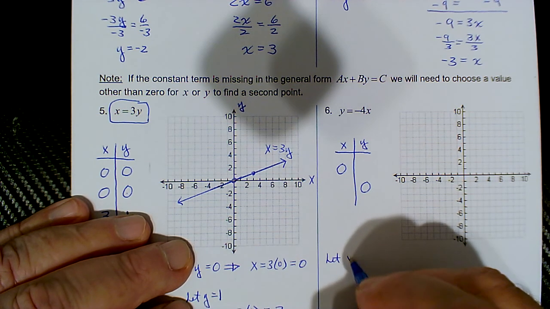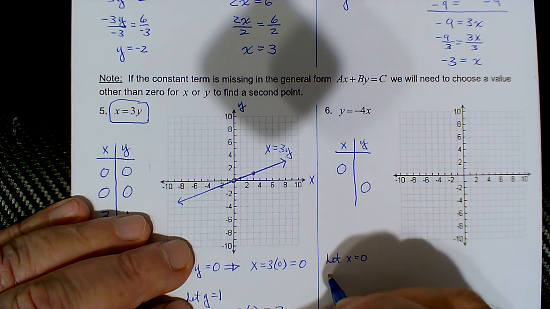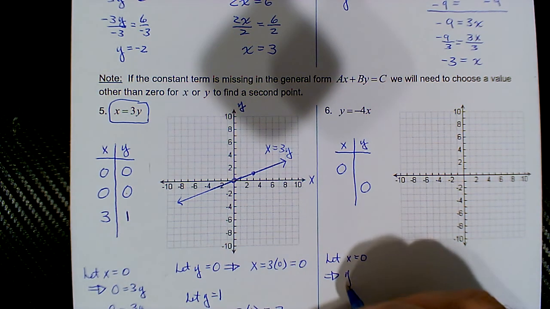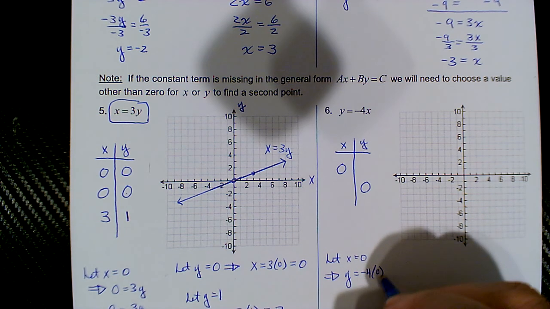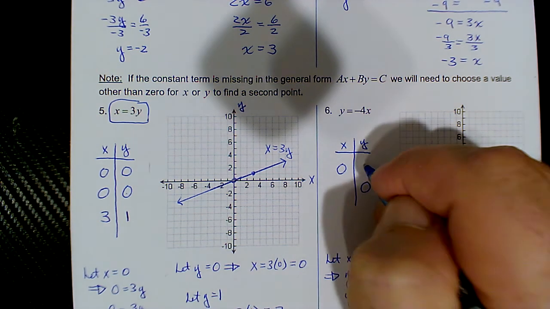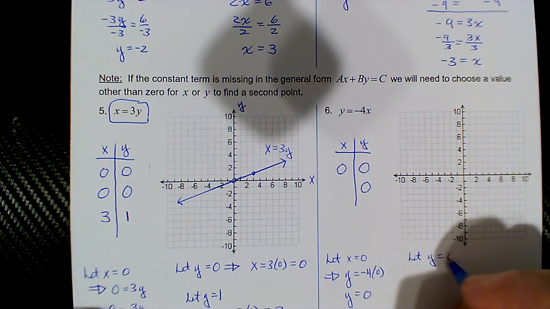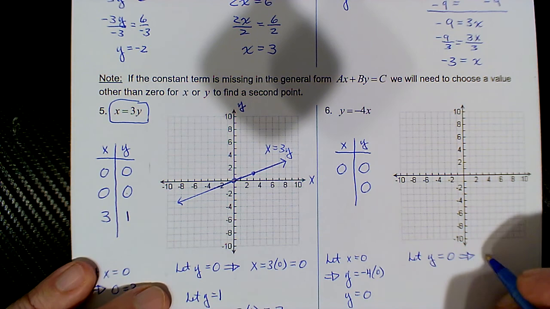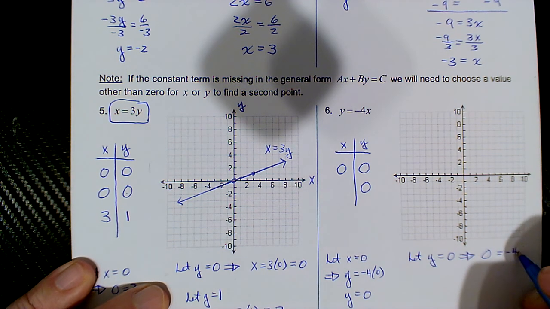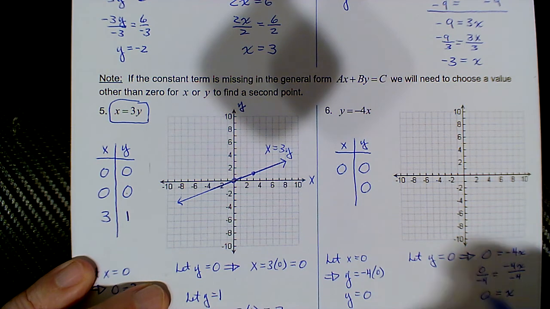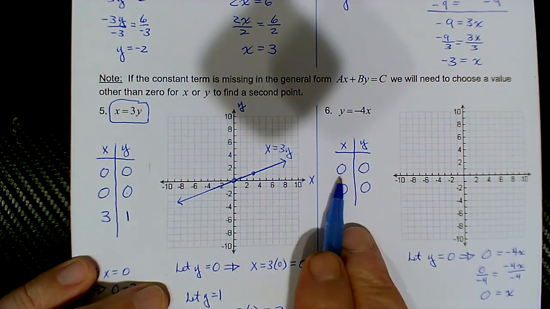So if we let x equal 0, then you could see that y equals -4 times 0, or y is 0. But if you let y equal 0, then you get 0 equals -4x, and dividing both sides by -4, we get that x equals 0. So there we go again. The same point, the origin.